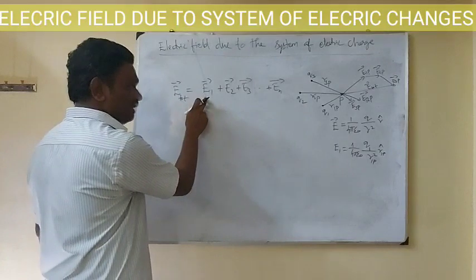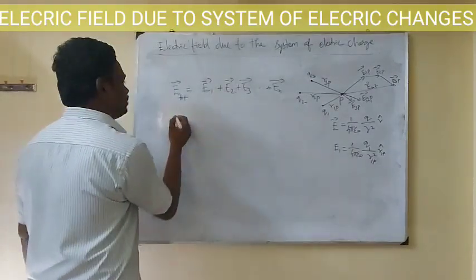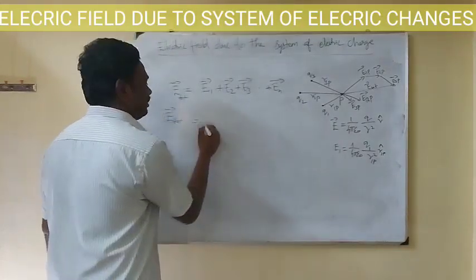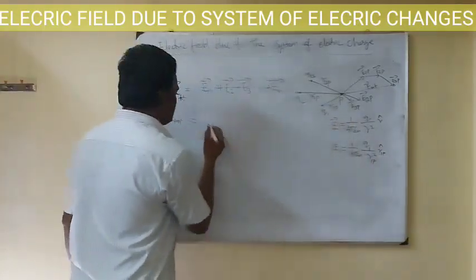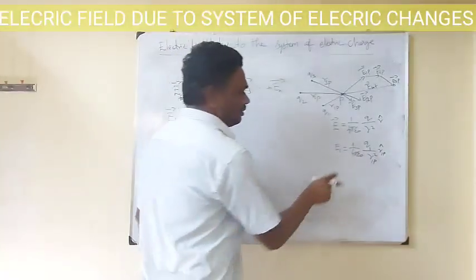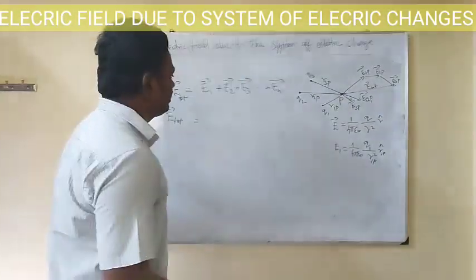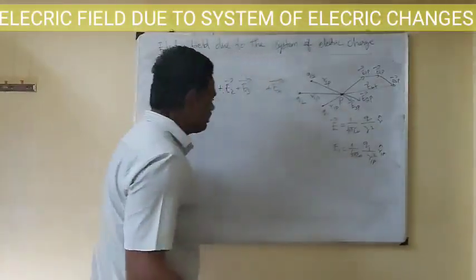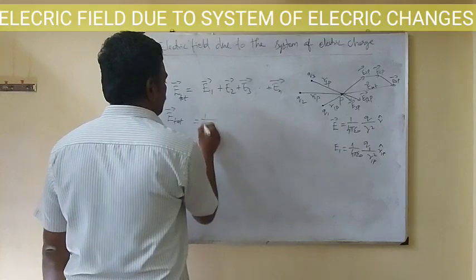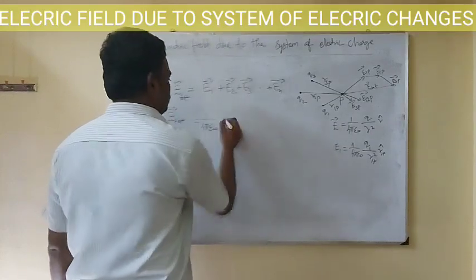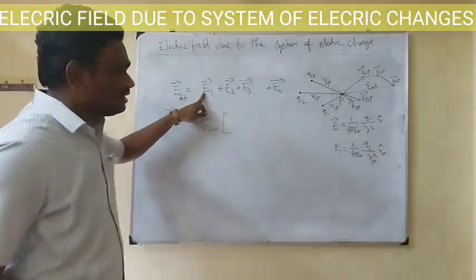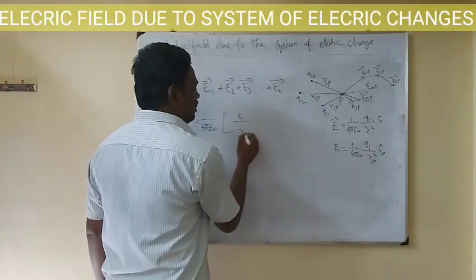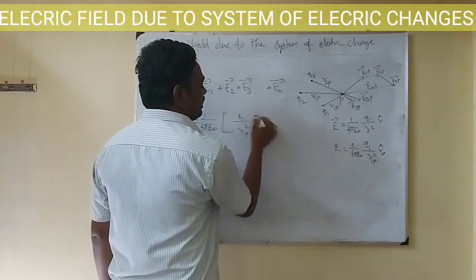Now I'm going to substitute the values of E1, E2, E3 up to En. So E total vector is equal to, we know that E1 is equal to 1 by 4 pi epsilon naught. Similarly, 1 by 4 pi epsilon naught will be common in all the equations E1, E2, E3 up to En. So I'm going to write it as a common factor 1 by 4 pi epsilon naught. The electric field due to the first charge Q1 is Q1 by R1P square into R1P cap.